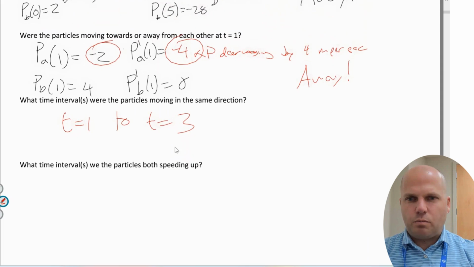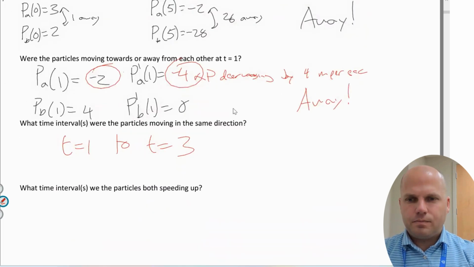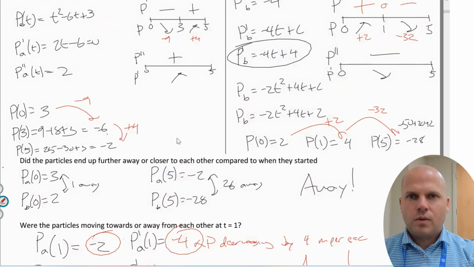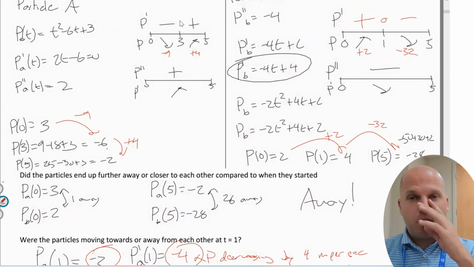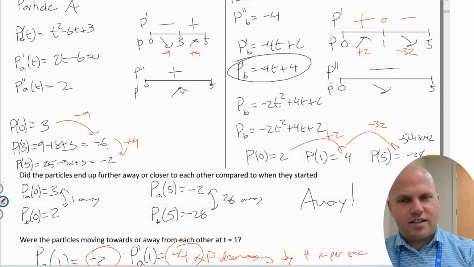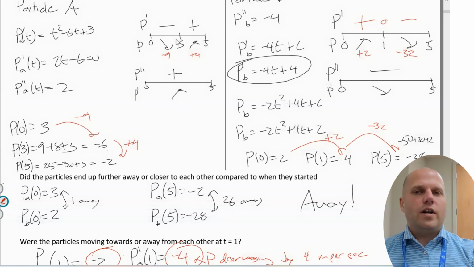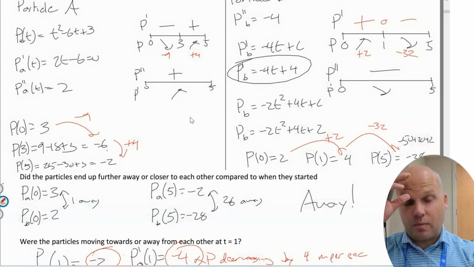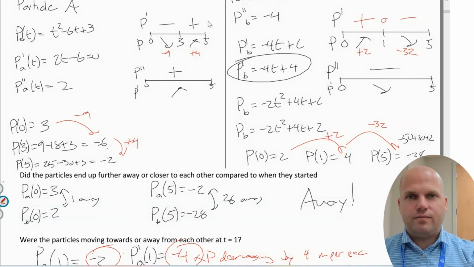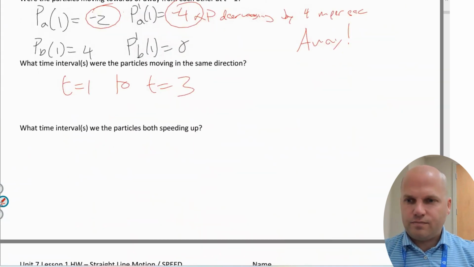What time intervals were both particles speeding up? Okay. Particle A is speeding up when its position is increasing at an increasing rate, when its velocity is positive and increasing. Velocity values are positive and getting more positive. So that's 3 to 5. So particle A is 3 to 5.